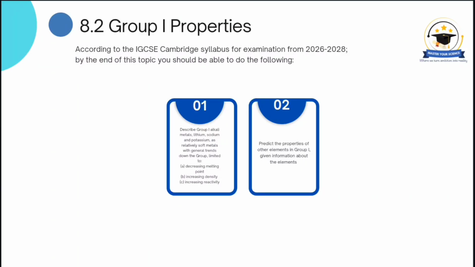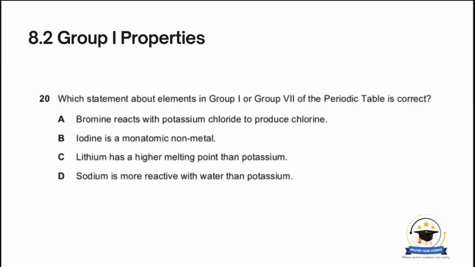So let's note here already the trend would be decreasing melting point down the group, increasing density as we go down the group, and increasing reactivity as we go down the group. So which statement about elements in group 1 or group 7 of the periodic table is correct?